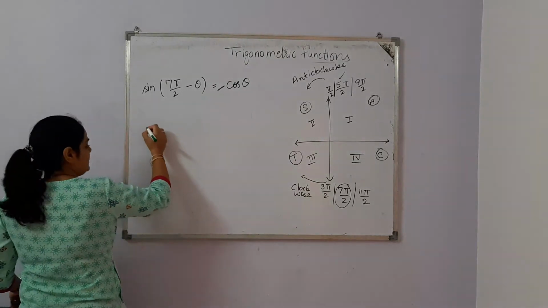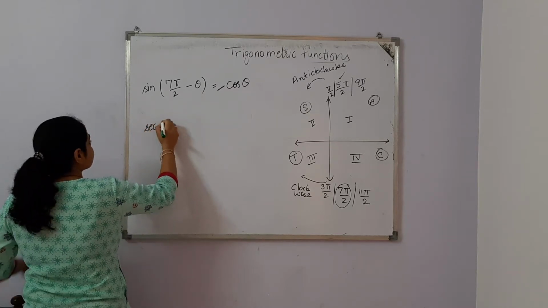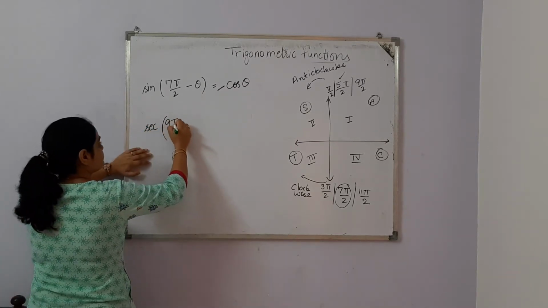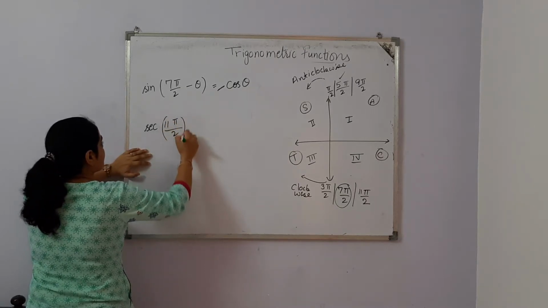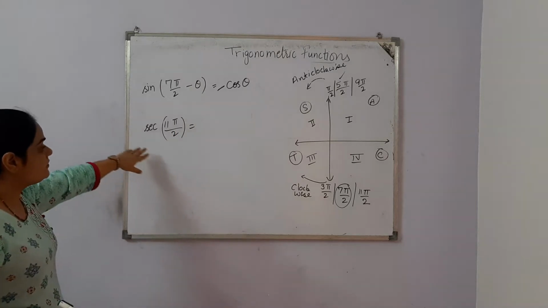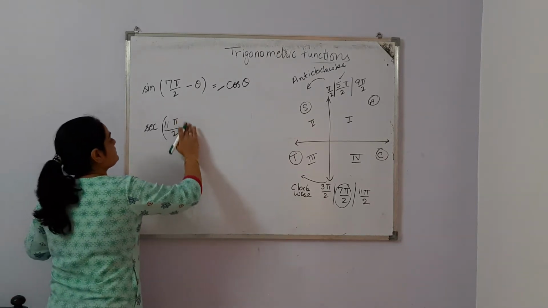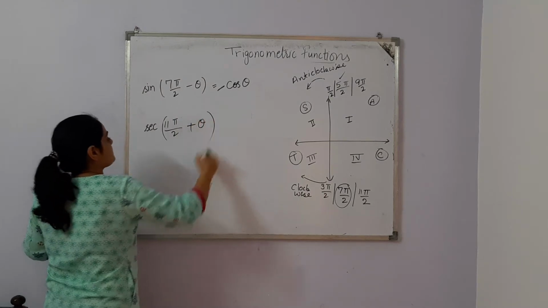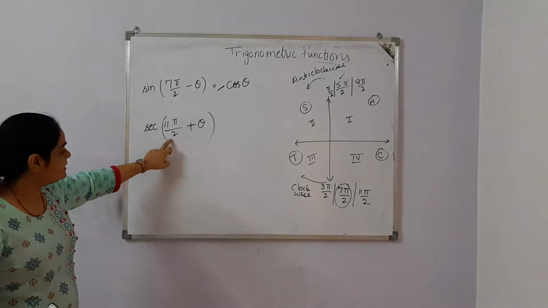Same as if we are doing secant of 11 pi by 2 plus theta. Of course, the angle is in terms of 90. 11 pi by 2, where is 11 pi by 2?